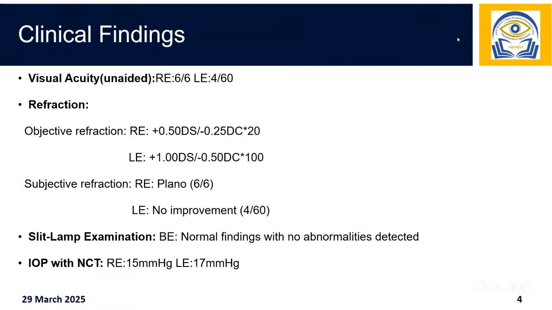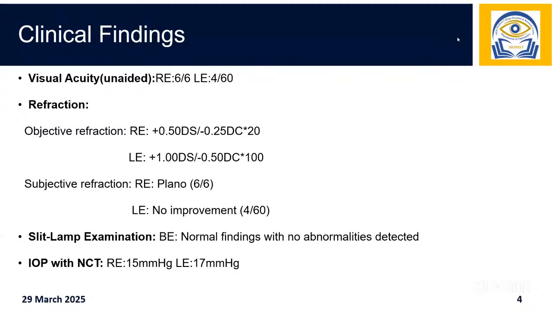Now we can see the clinical findings of this patient: unaided visual acuity in the right eye 6/6 and the left eye 4/60. And this is the objective refraction value of this patient. On subjective refraction, the right eye is plano with 6/6 vision, but in the left eye there is no improvement, with a vision of 4/60.